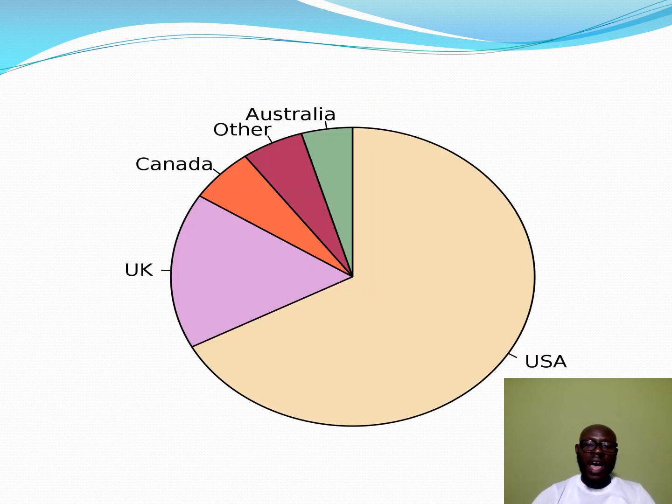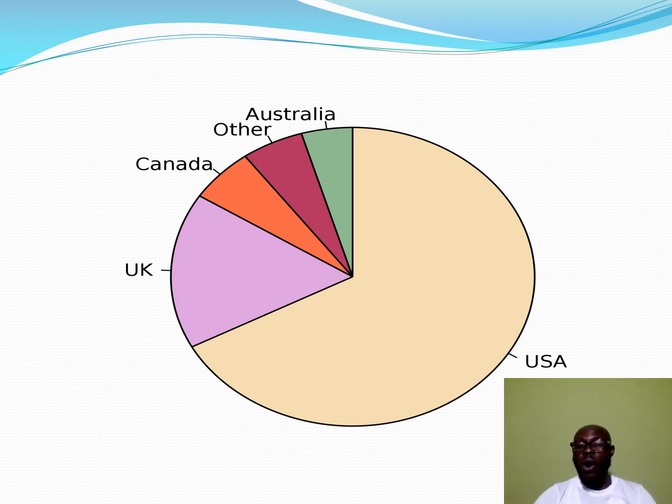As you can see on the display screen, this is a pictorial representation of data using the sectors of a circle. So we have Australia, we have others that we don't know, then we have Canada, we have UK, we have the United States of America, that is the US of A. Don't forget that each of these sectors is made up of angles.